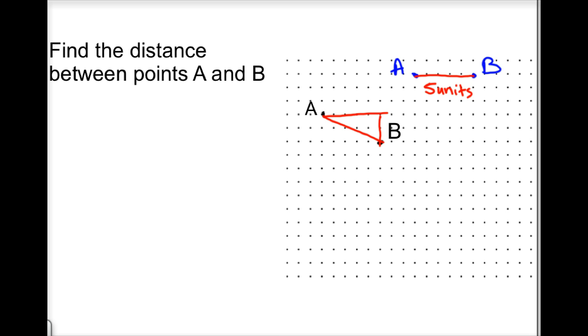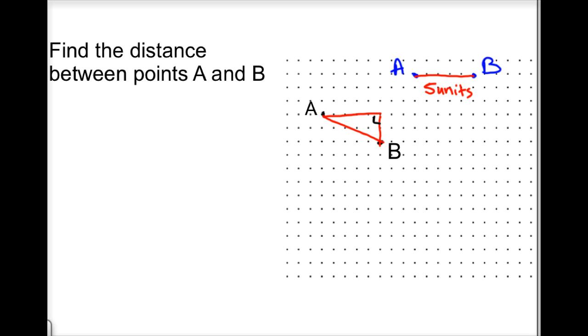That kind of triangle is called a right triangle. Hopefully you said that to yourself. And now I'm going to use, what do you think, the Pythagorean theorem to solve the distance between A and B.